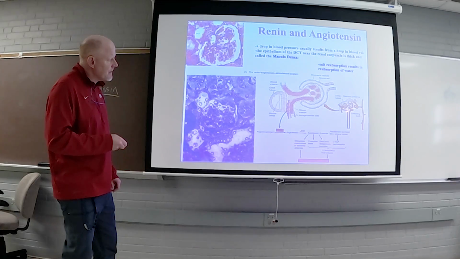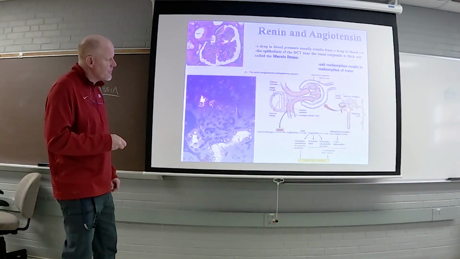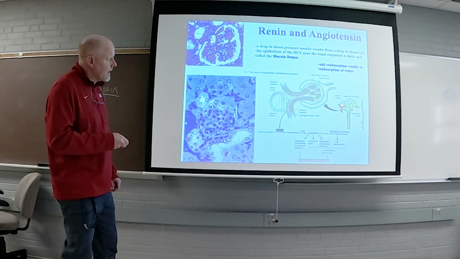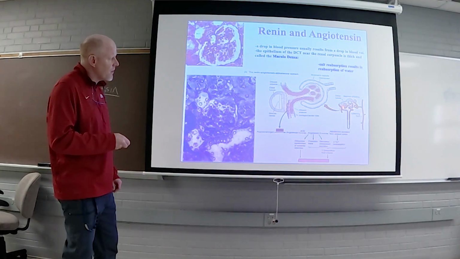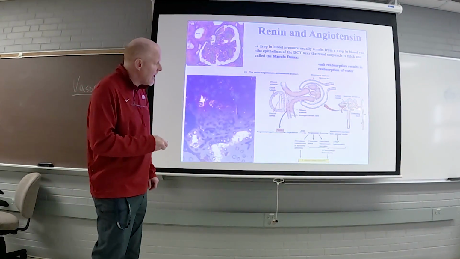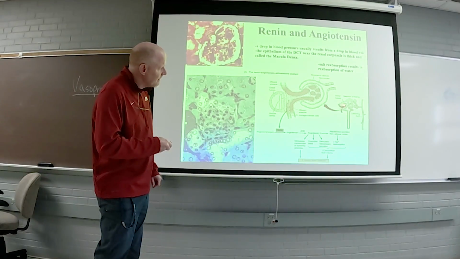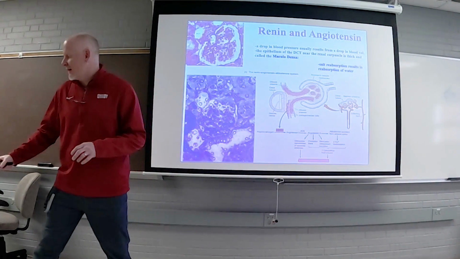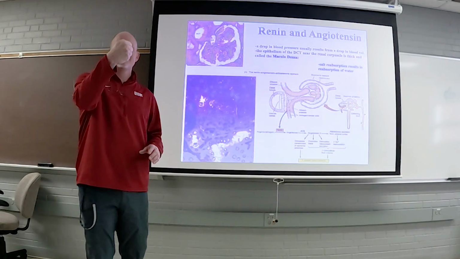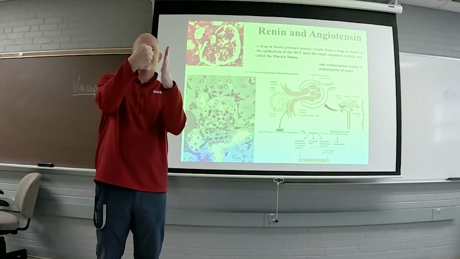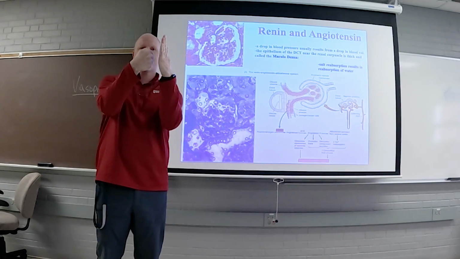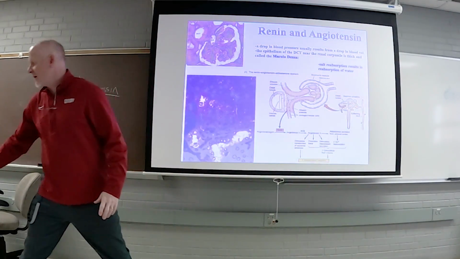And notice what happens here. The distal convoluted tubule is organized in such a way, because of the loop, that it comes in really close proximity to the blood supply. And it actually passes between the afferent and efferent arteriole. Do you see that? Basically, if my fist is the renal corpuscle, it's pushed against the renal corpuscle, right next to the blood vessels and the glomerulus.